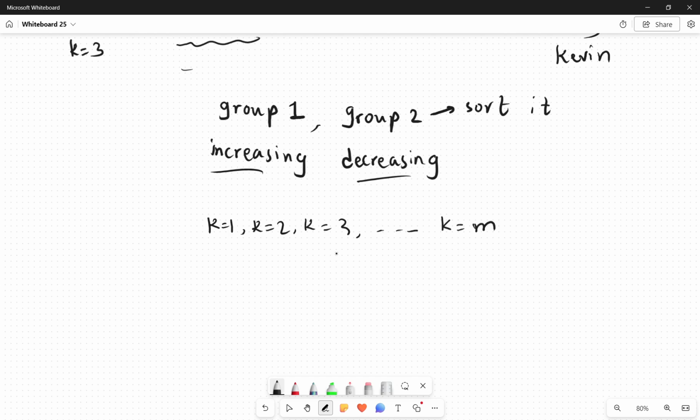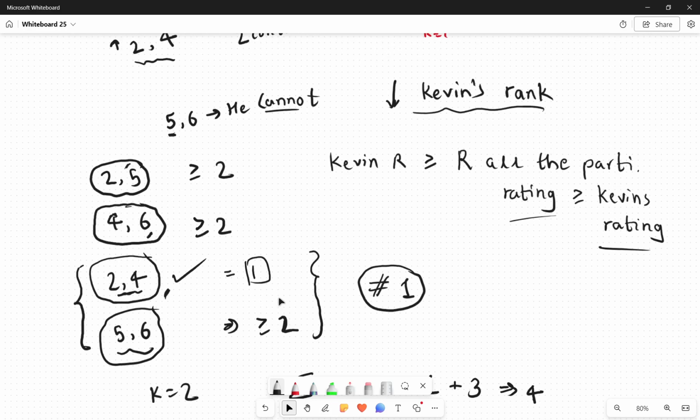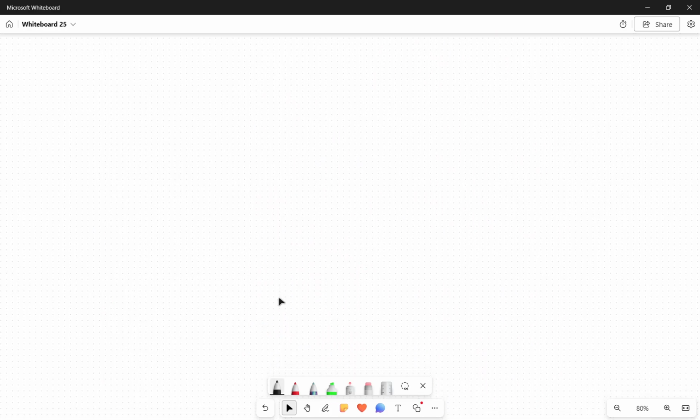So how can I efficiently know that for each k? Okay, so you can see this test case.